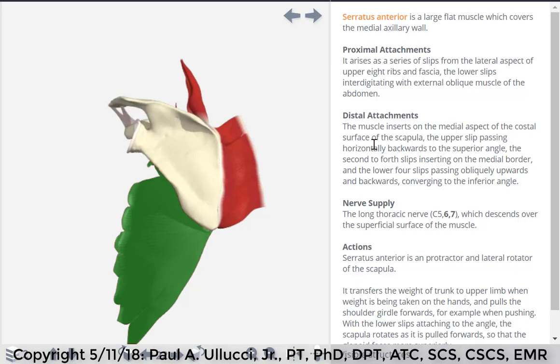Its distal attachment is on the costal surface of the scapula, and that is all you need to know. The nerve supply will be the long thoracic nerve, C5, C6, and C7, and its action, of course, is to protract and laterally rotate the scapula. That's what you're going to put on your flashcards.